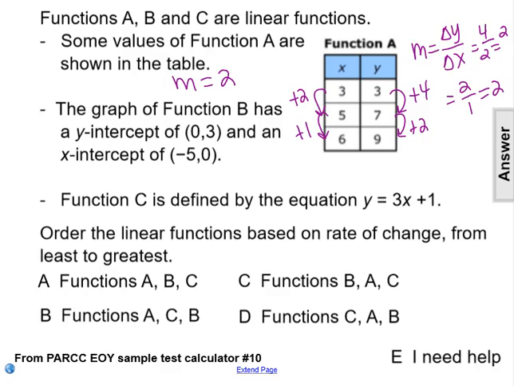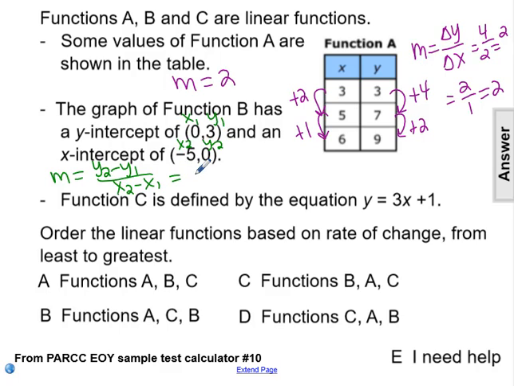For function b, we're given two ordered pairs on the graph. We're given (0, 3) and (-5, 0). So we're going to use the slope formula to find the slope. The slope formula is y2 minus y1 over x2 minus x1. In this case, we'll use x1 and y1 as (0, 3) and x2 and y2 as (-5, 0).